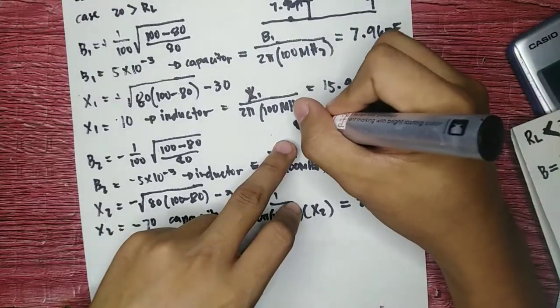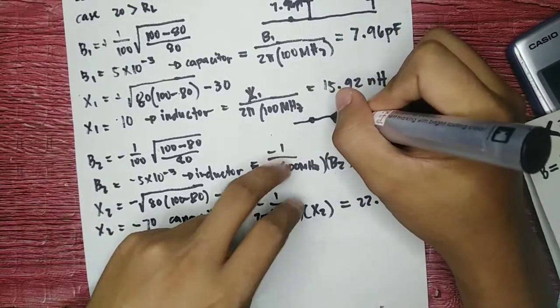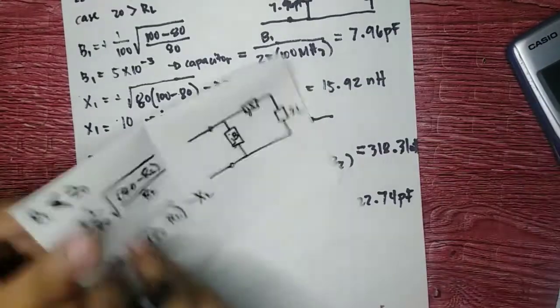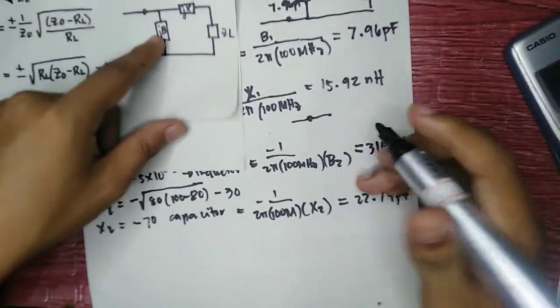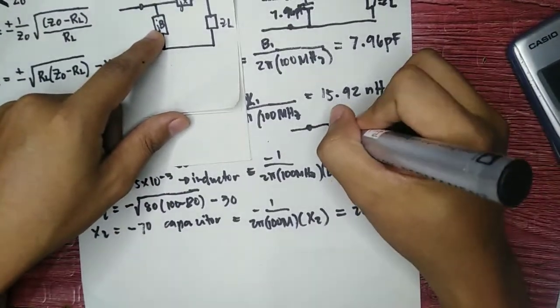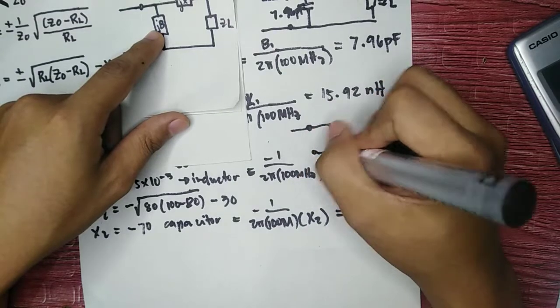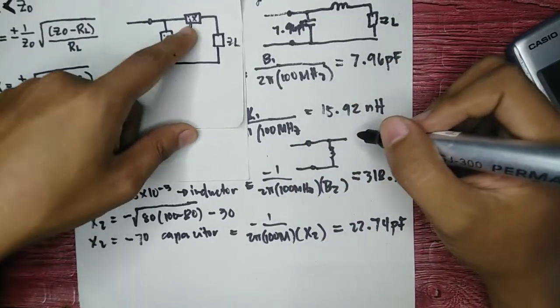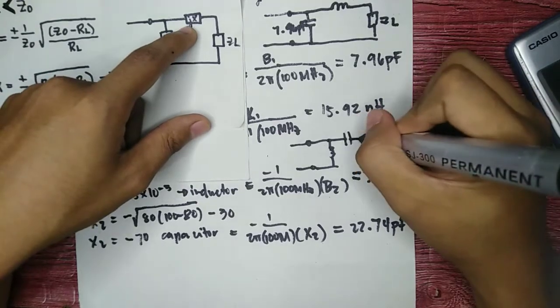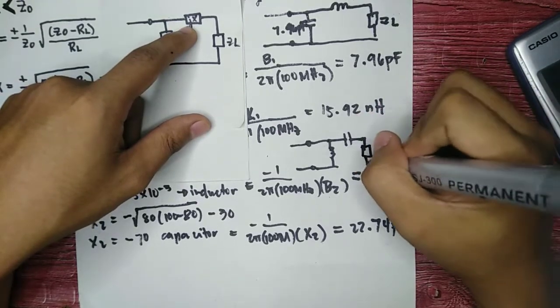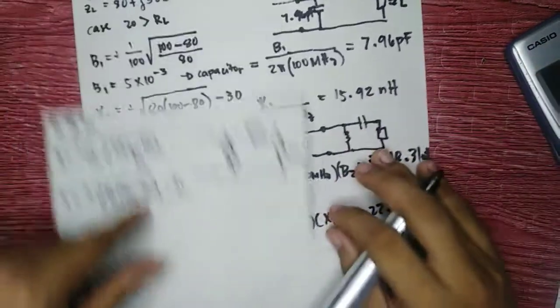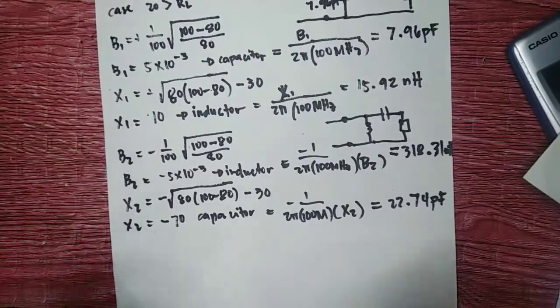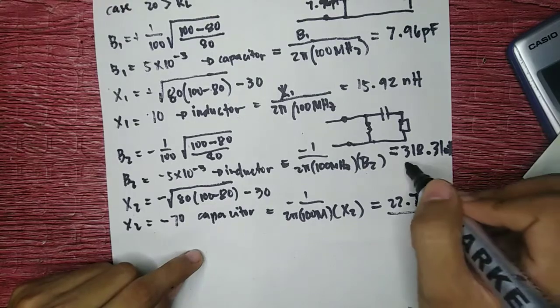The diagram will be: the B will be the inductor, and the X will be our capacitor. Now we have the final answer.